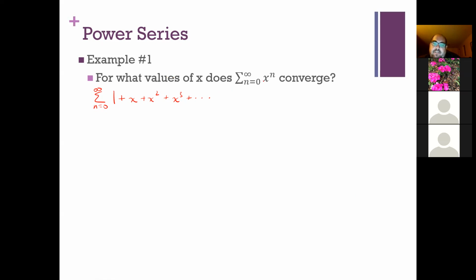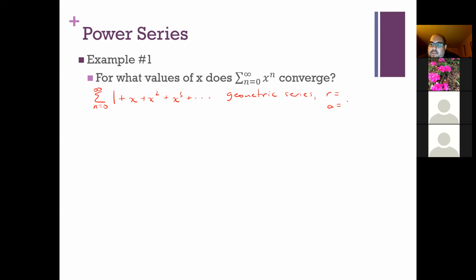So this is a power series, but what other kind of series can I say this is? Would it be geometric? It's geometric, right? What's that common ratio going to be, since we're saying it's a geometric series? And what's our first term? First term's 1.